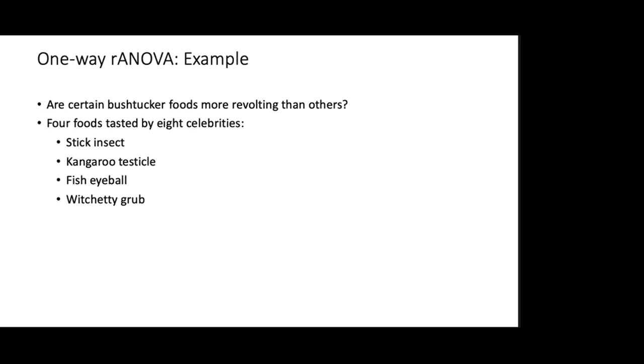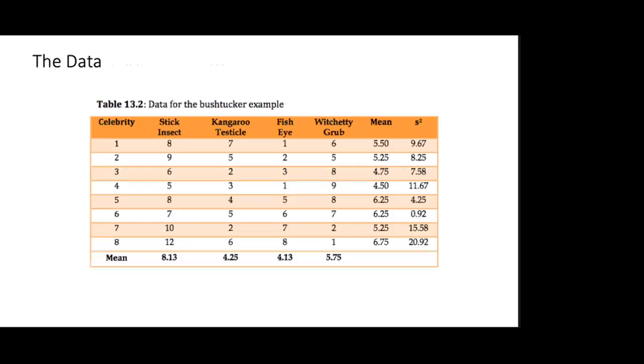The dependent variable is how long it takes them to throw up. There were four animals: a stick insect, a kangaroo testicle, a fish eyeball, and a veggie grub. So we have four levels of our independent variable.